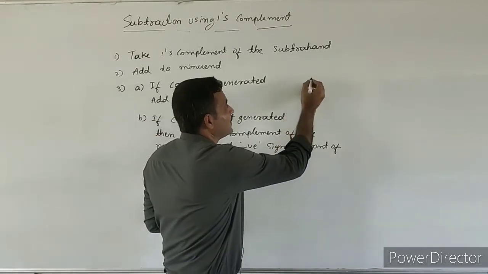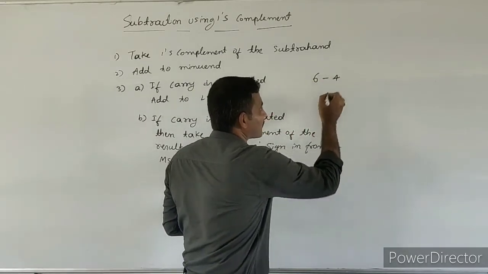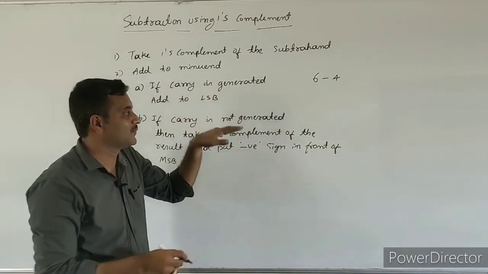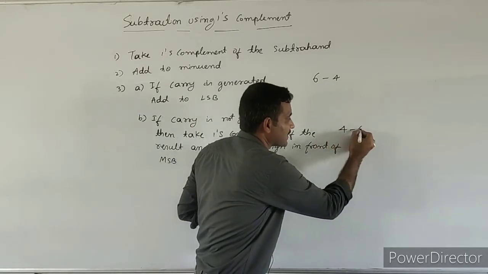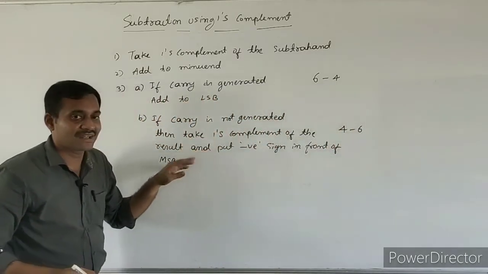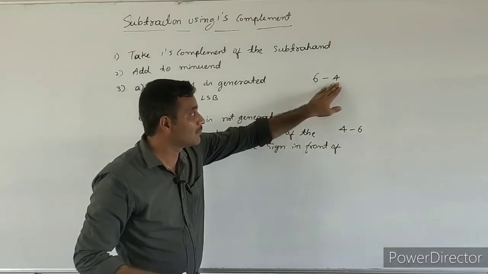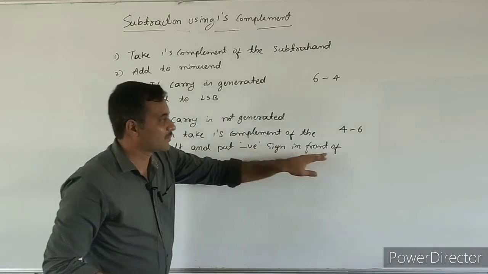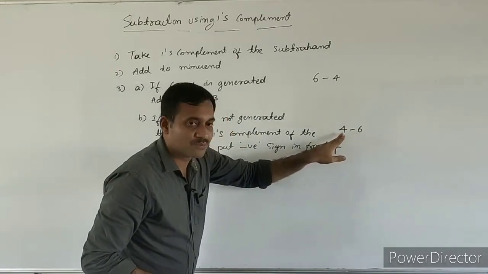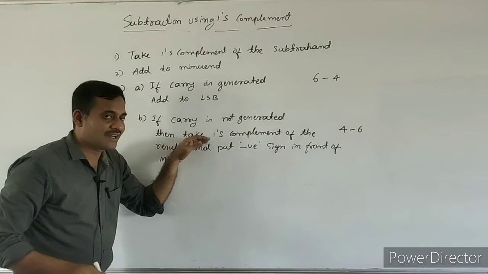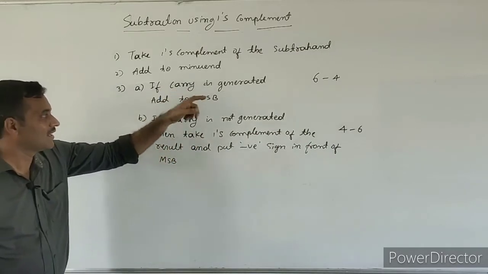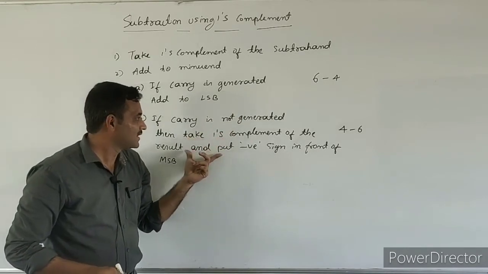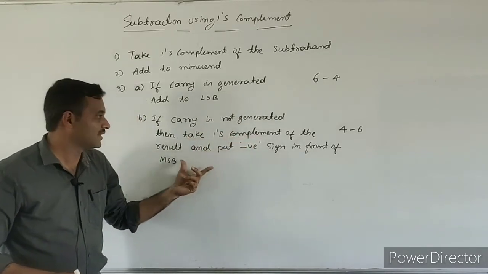For example, if you subtract 6 minus 4, then it generates a carry. If you subtract 4 minus 6, then it does not generate any carry. If carry is generated, add to the least significant bit. If carry is not generated, then take 1's complement of the result and put a negative sign.